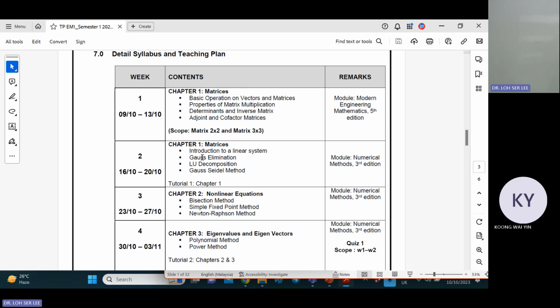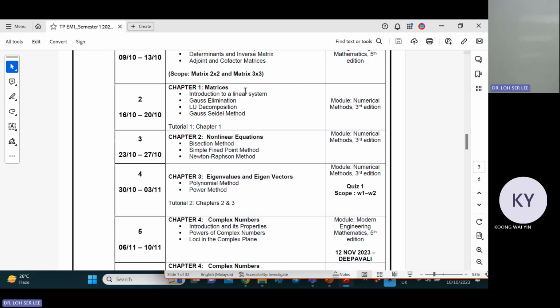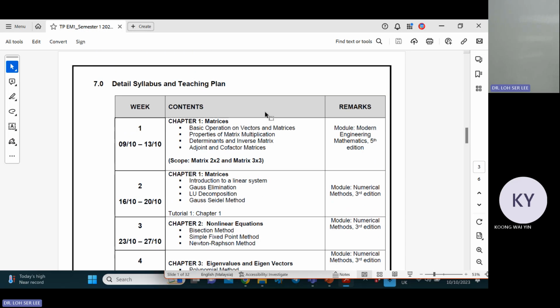Week 2 is still matrices, but this is numerical methods. If you look at the remarks here, modern engineering mathematics is the reference, which means this is analytical math.